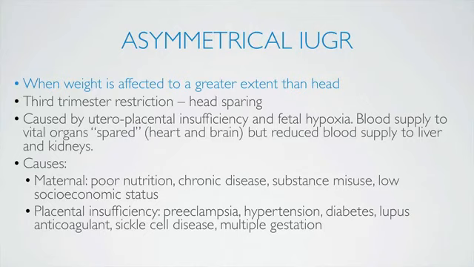Placental insufficiency, so more a fetal cause, is also associated with this, so preeclampsia, hypertension, sickle cell disease and multiple gestation are all associated with asymmetrical IUGR. This is not as severe as symmetrical IUGR.